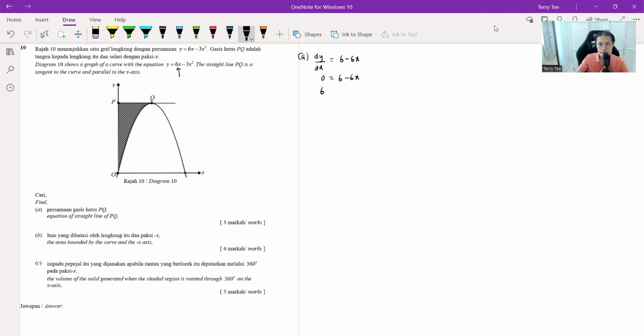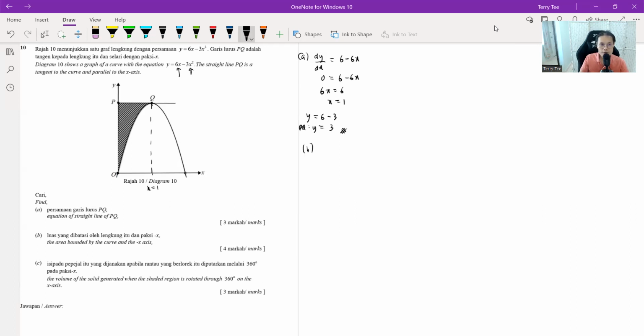We bring this over, 6x is 6, so x is 1. I need to find my y value because the y value represents the equation of PQ. So let's put 1 inside: 6 minus 3 is 3. So the equation of straight line PQ is y equals 3.